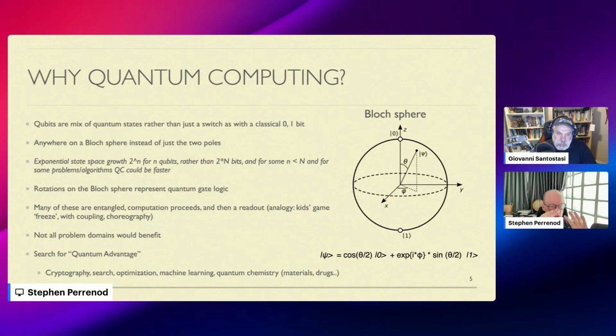But the qubit can be anywhere on that sphere. It's a mixed state. It's not a pure state of 0 or 1. So it's a mixed state anywhere on that sphere. And the location on that sphere is given by 2 angles, this theta and this phi. The theta being the angle with respect to the pole, and the phi being an angle in a plane. And then there's an expression below, and that basically gives a wave function, which is a probability function that applies for that qubit.